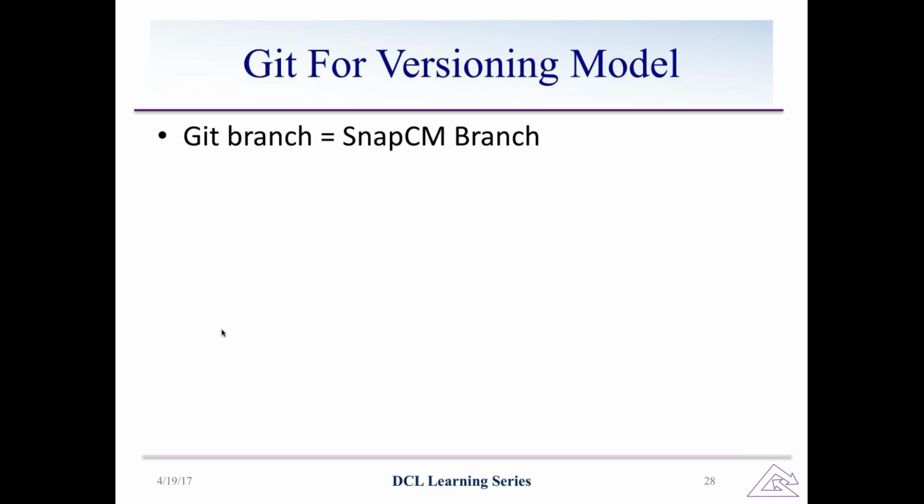Let's talk a little bit about Git for the versioning model. So a Git branch is more or less exactly equal to a SnapCM branch, right? A Git commit is equal to a SnapCM snapshot. One of the ways that Git is different from Subversion, for example, is that a Git commit is an atomic commit of multiple objects. When you make a Git commit, every different file is committed at the exact same moment in time as far as Git's concerned.